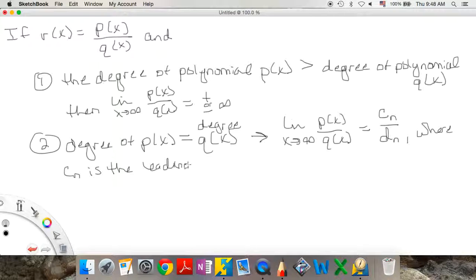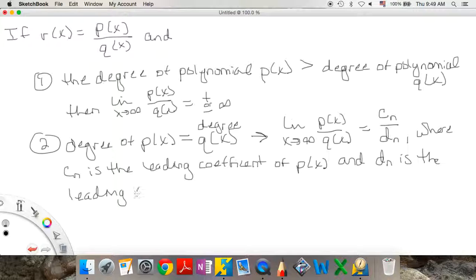Remember, that's the one with the highest degree term. Coefficient of p of x, and dn is the leading coefficient of q of x. Alright, so you just take a ratio of the leading coefficients if their degrees are equal.